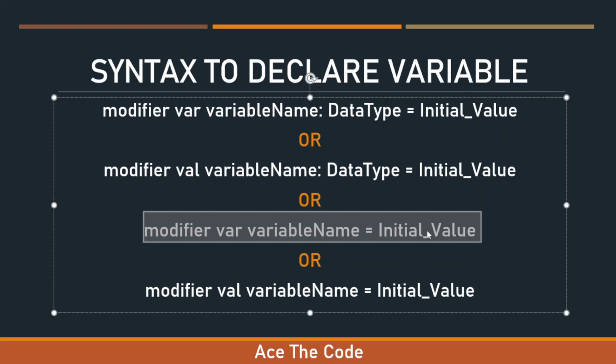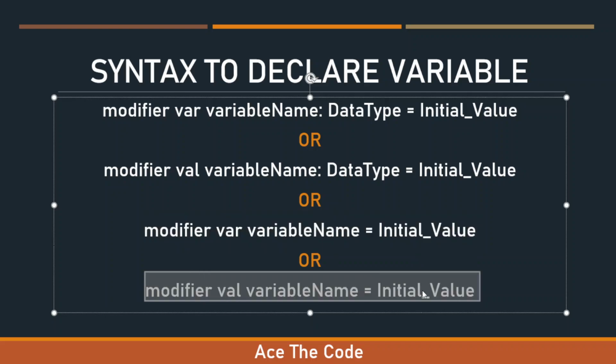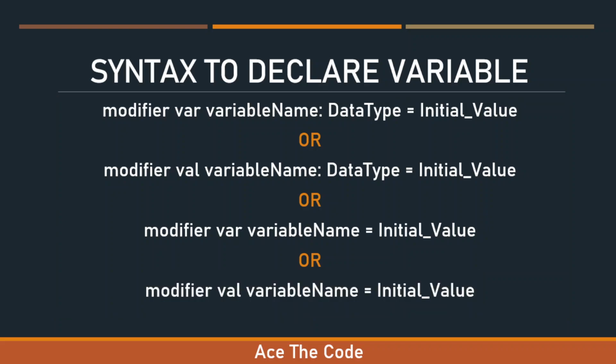In this declaration, you can see we have a modifier followed by the var keyword followed by the variable name, and here we are not specifying the data type of the variable, but we are defining the initial value. We can do it for var type of declarations, and we can also do it for val type of declarations. So in Kotlin, specifying the data type is optional.